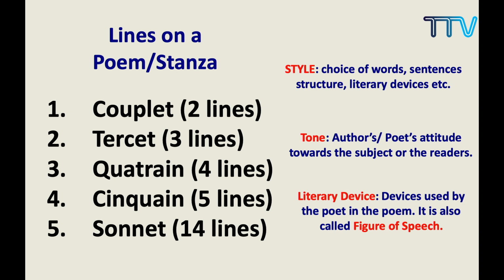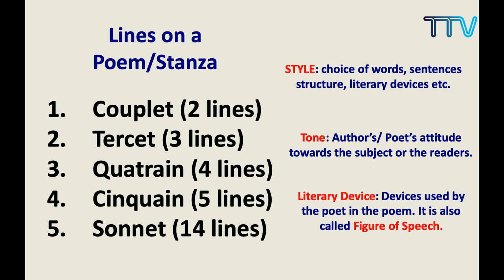Sometimes the poem is very aggressive. Sometimes the poet is melancholy, very sad. Sometimes the poem has lots and lots of life and energy. Now, these are the tones. Last but not least, whenever we have poems, we of course have literary devices. There are different types of literary devices.